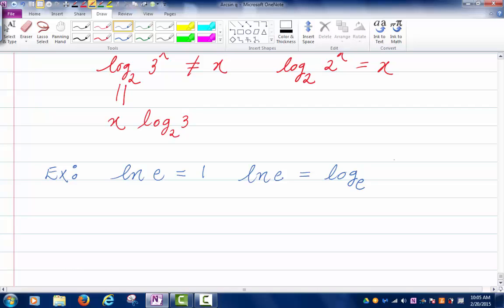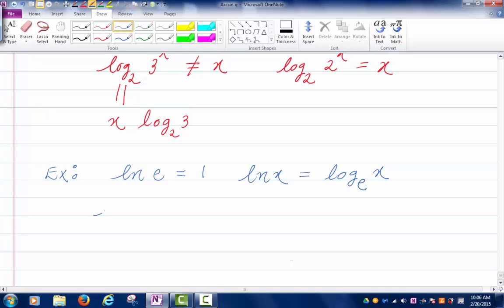Ln of x is the same as log base e of x, okay? That's what the ln function comes down to. Ln of x is the same as log base e of x, and ln of e is 1.